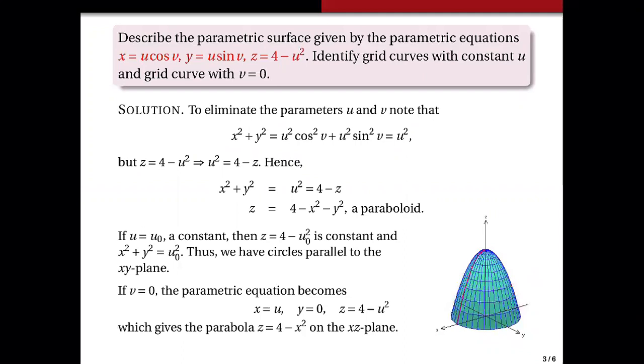On the other hand, on the xz plane, you see this red curve. Of course, this is one side of the parabola, and the other side is towards the back. So we have these grid curves. Questions?